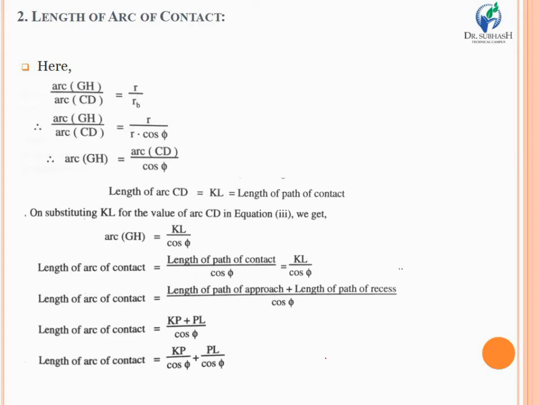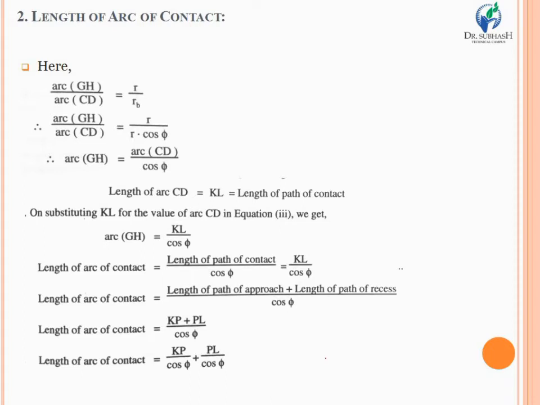In between the two periods, whatever path is traced by the point on the pitch circle, if you measure it, it will be the arc of contact. Now arc GPH is basically divided into two parts, arc GP and arc PH. The arc GP is known as the arc of approach, and arc PH is generally known as the arc of recess.